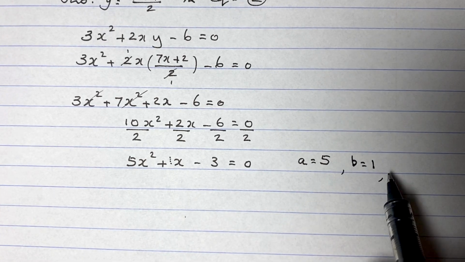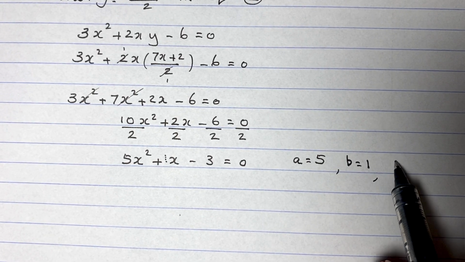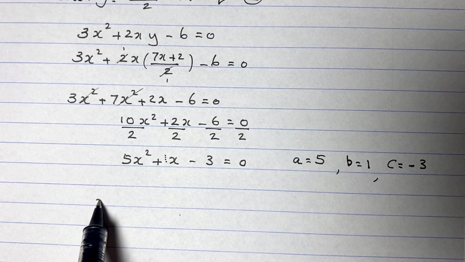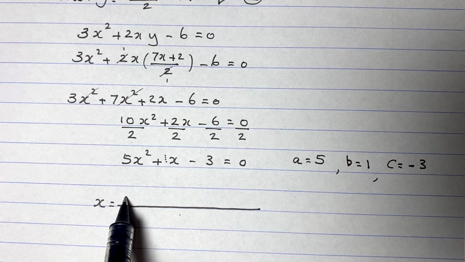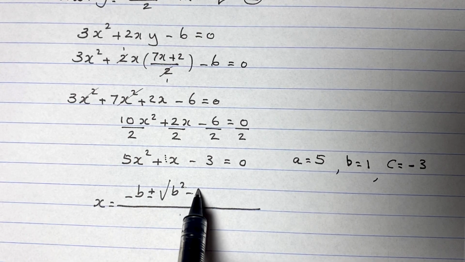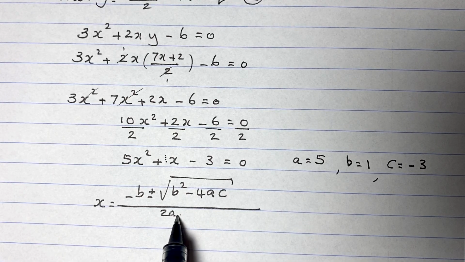And c is the constant on its own. And the formula is x equals minus b plus or minus the square root of b squared minus 4ac, divided by 2a.